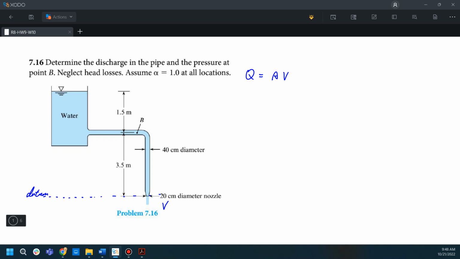Let's start our first step, applying the energy equation to find the velocity at the nozzle. This is V naught, our goal. The energy equation looks like this.